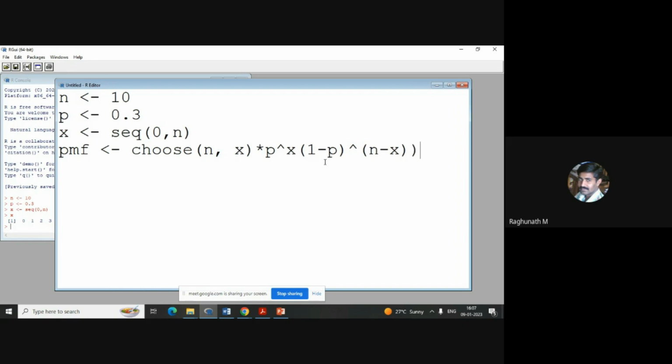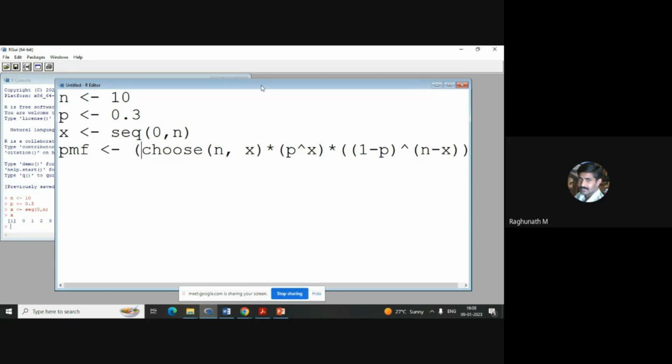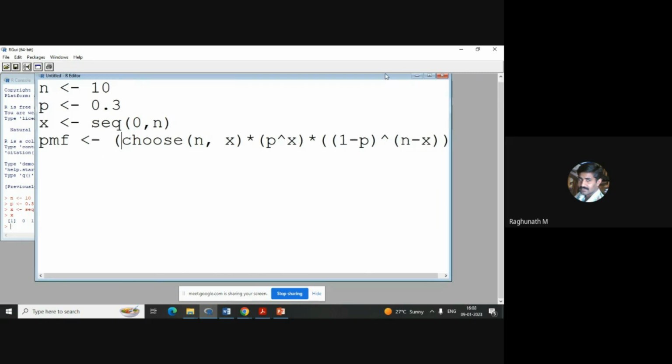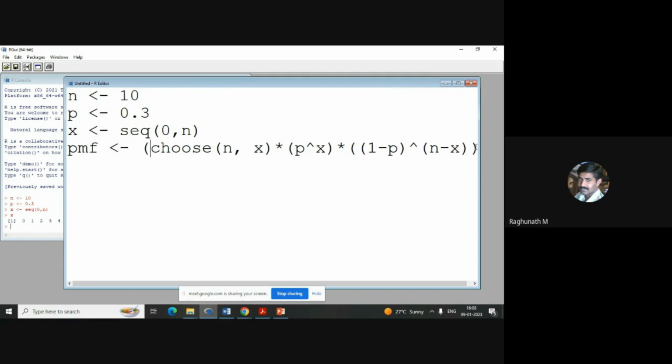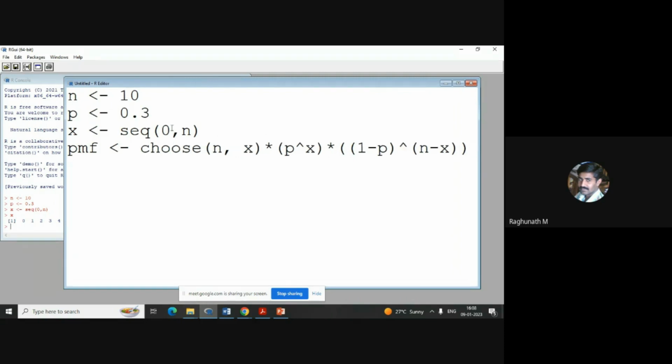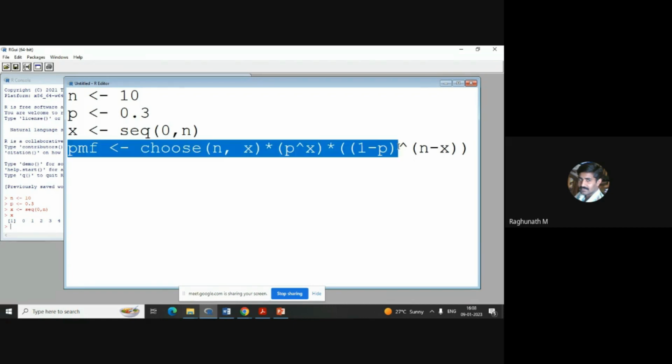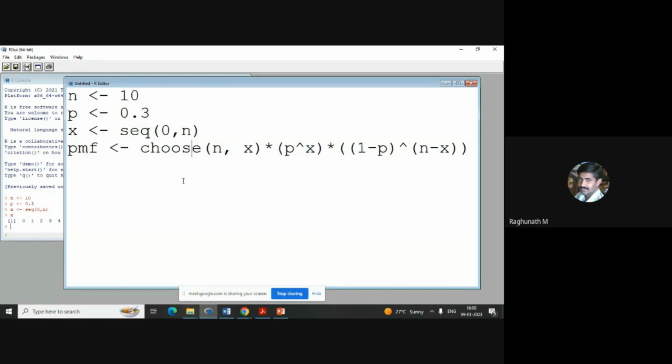If you want it computed clearly, you can put a bracket so that the hierarchy will be taken care of. Anyway, this bracket is not needed now. So this is the entire command to compute the PMF for each of the values 0, 1, 2 up to n.